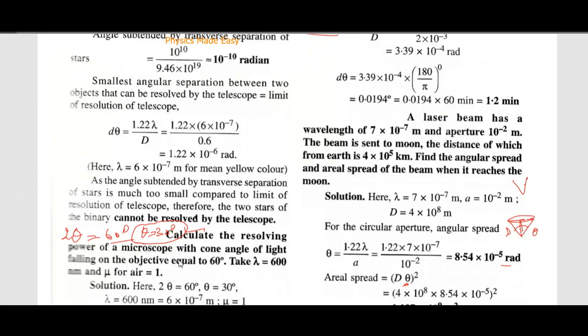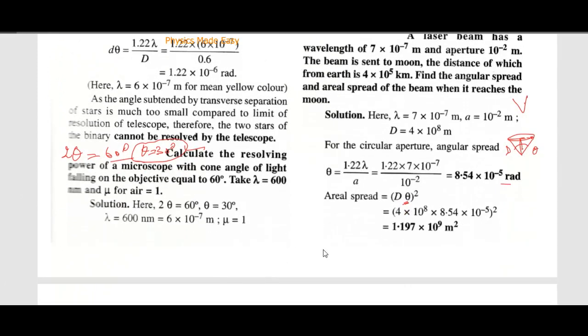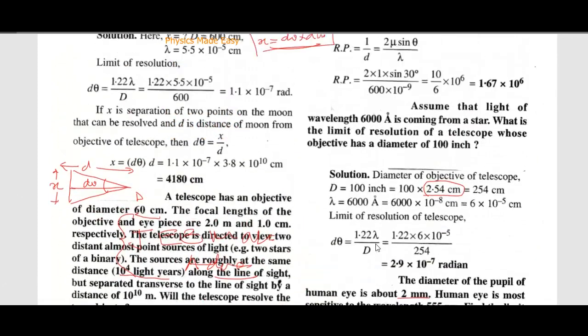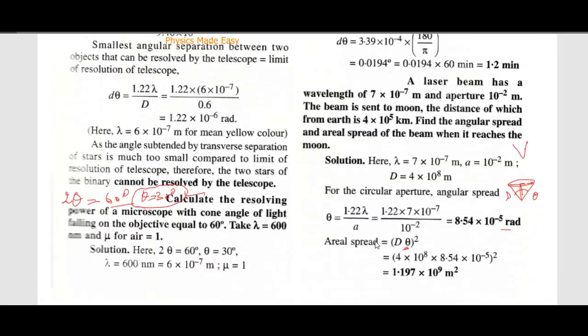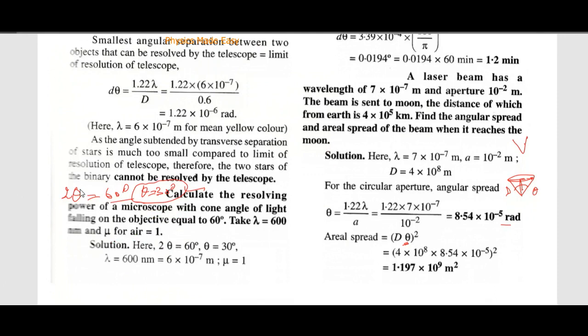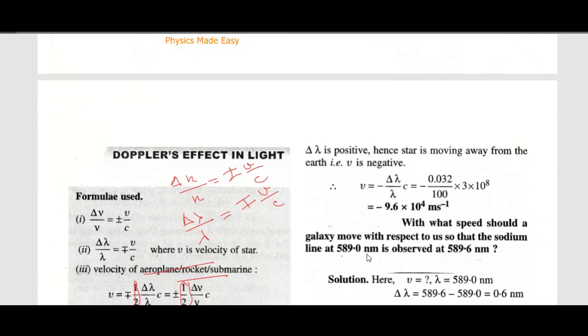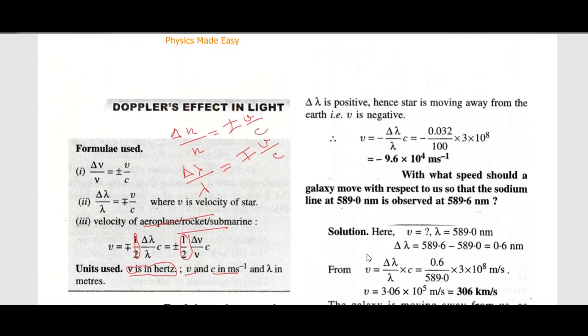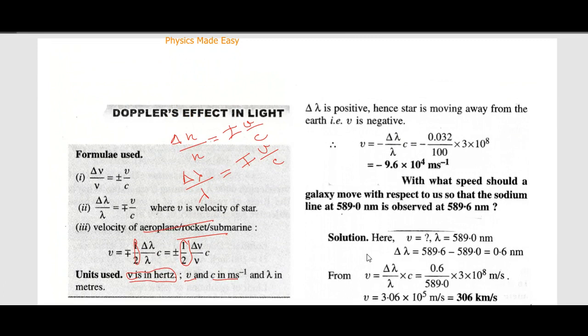In the case of a microscope, the angle theta that we use in numerical aperture, mu sine theta, is half of the cone angle. Cone angle is 2 theta. The angle theta, which appears in the expression for a compound microscope, is half of the cone angle. And for the rest, when we are dealing with the Doppler effect, only remember one point.